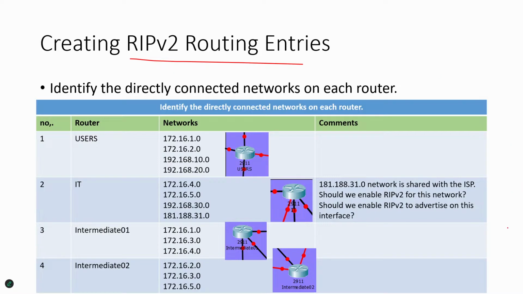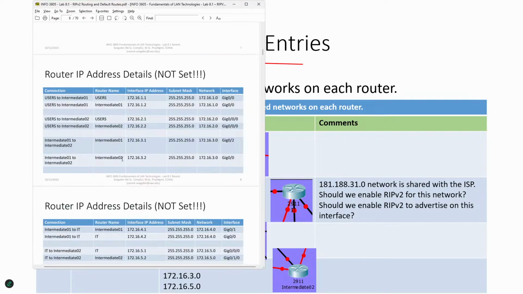identify the directly connected networks on each router. Right, so we have, let's say, users. What's our directly connected? Remember, we didn't put it out in the plan, but let's go back in our sheet. What is it? There it is. Look at that. I created a network column.